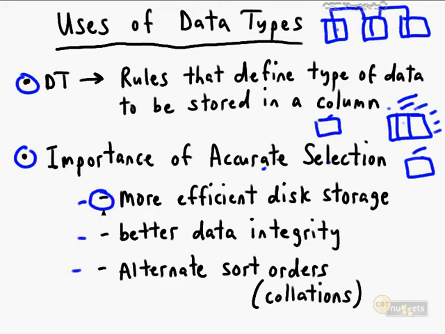One advantage is by choosing the proper data type for each column, you're making the best or most efficient disk storage decision. As we'll see as we go along here, different data types have different disk storage needs. For instance, as you choose different numeric data types that have different levels of precision, each one of those data types has different footprints.